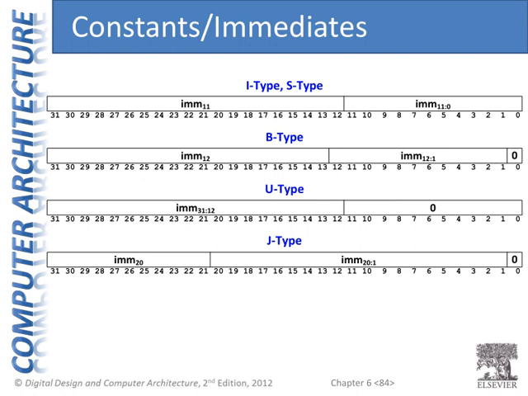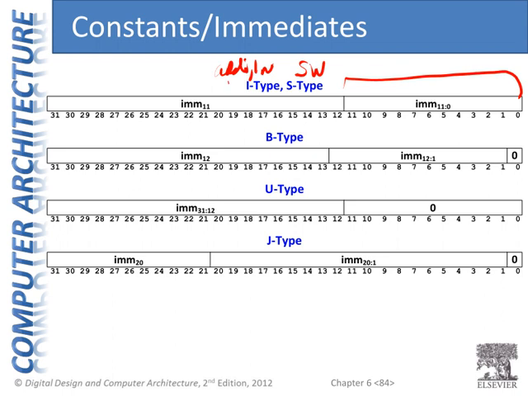Okay, so let's look at how we encode different kinds of immediates. I-type and S-type are the most clear. So again, S-type is for store words, and I-type is for add immediate and load word. And we encode our 12-bit immediate. Somehow we have to turn that into a 32-bit value because we're going to add it to, in the case of load word and store word, a 32-bit base register to get the final address in memory.